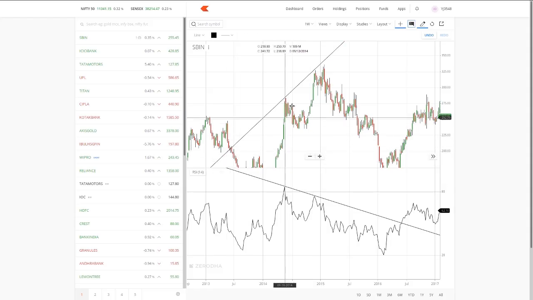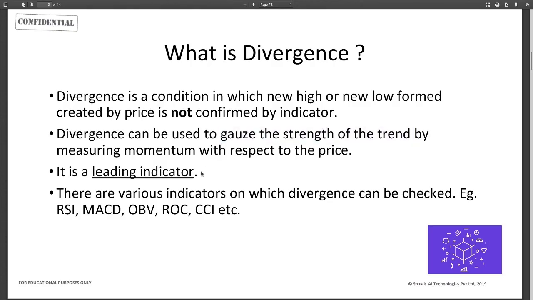Here the price went up, but the indicator didn't show that the momentum was there, so the trend looked like it might reverse. Divergence is a leading indicator, unlike moving averages, Bollinger Bands, and super trends, because it identifies the directional change between what the prices are indicating versus what the underlying indicators are indicating.